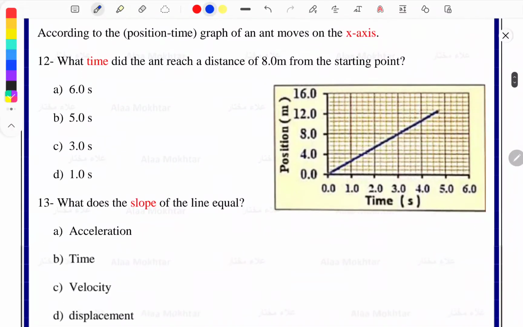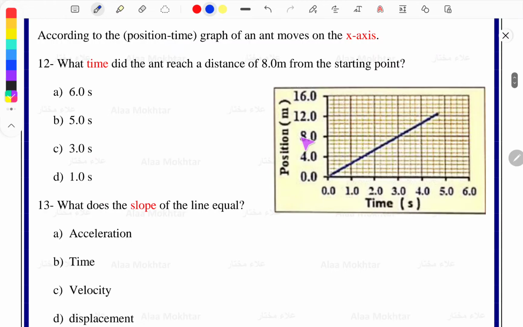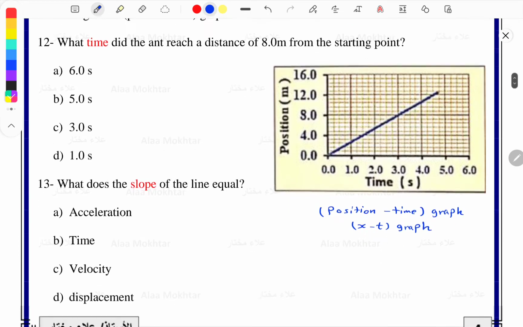The next question. According to the position time graph, this is another graph. It's called the position time graph. In a position time graph, or XT graph, sometimes we write it like that, we can calculate velocity from the slope. So the slope equals velocity.